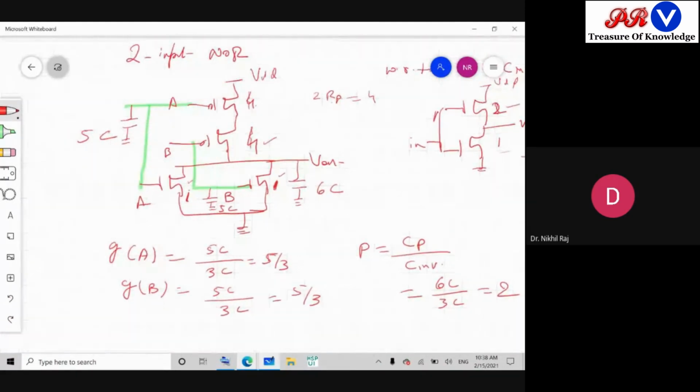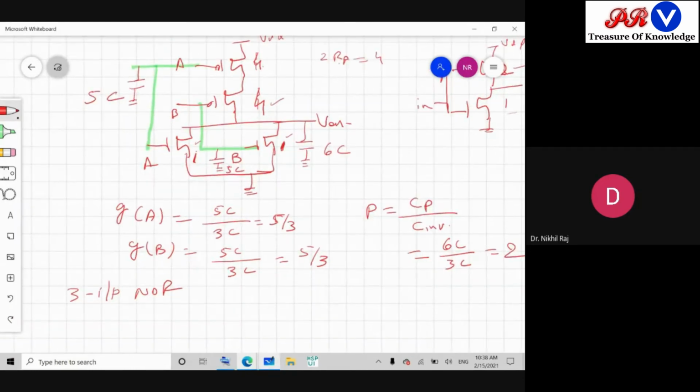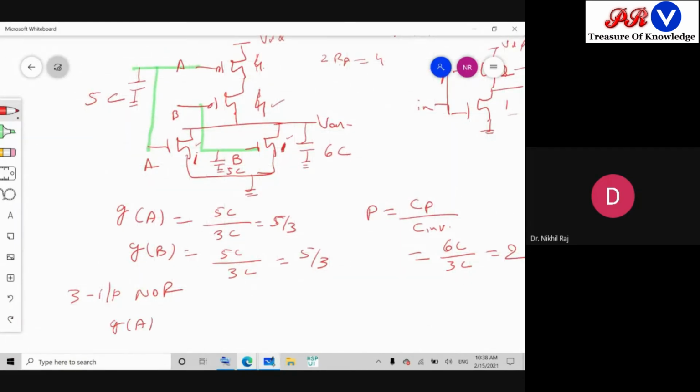Okay. Now just the extension of this one. If a 3 input NOR gate is there, so definitely there will be 3 inputs A, B and C. So without drawing the diagram, can you tell me what should be the G of A? In the mind you can do calculations. Now I have done 3 input. 3 input means what will happen here?